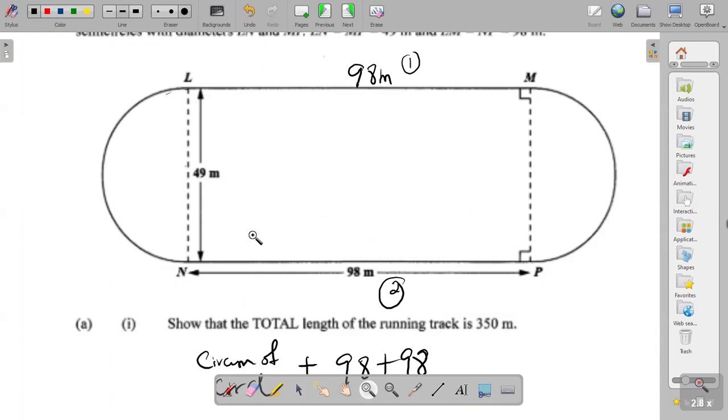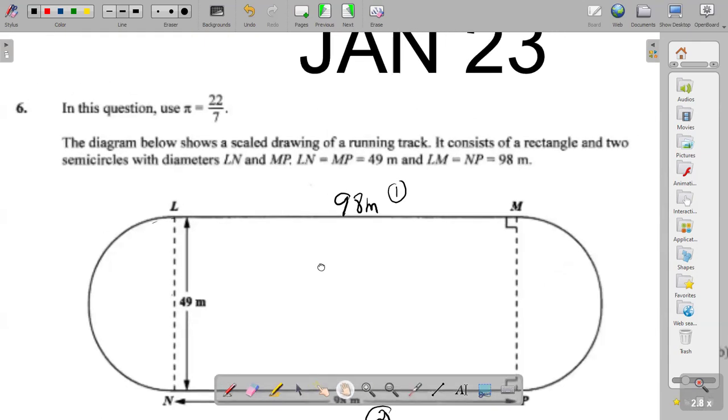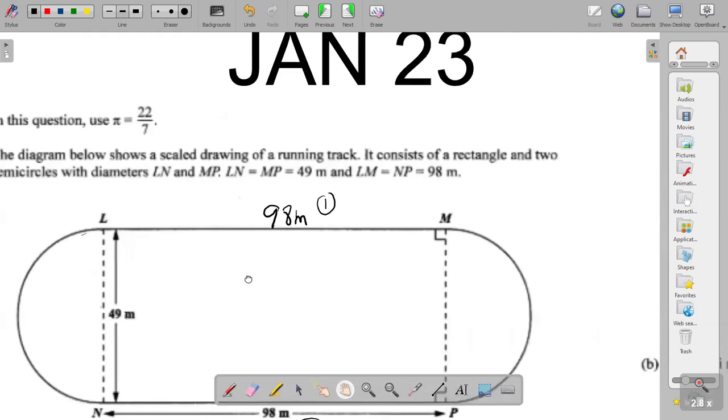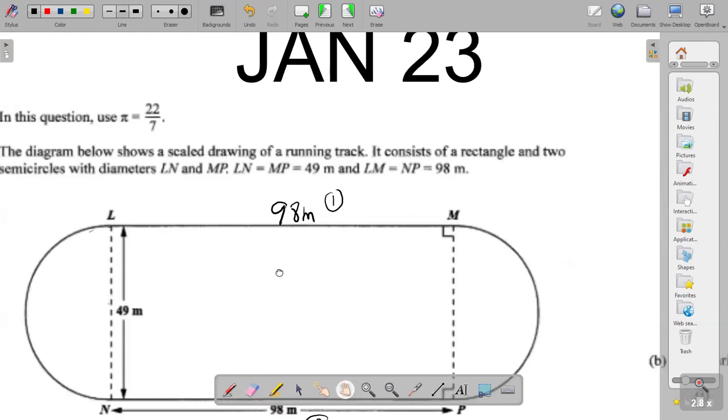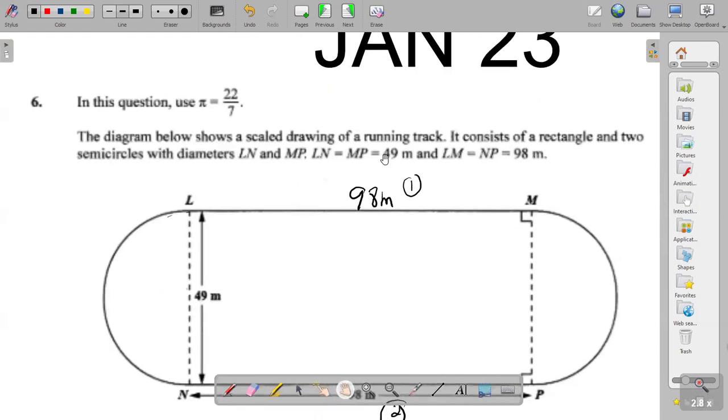What is the value of r? I can't believe you're going to watch this and tell me the r is 49. What does this mean? Go back to the diagram again. 49 is the diameter.